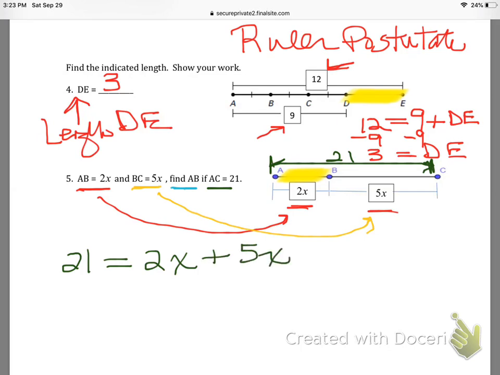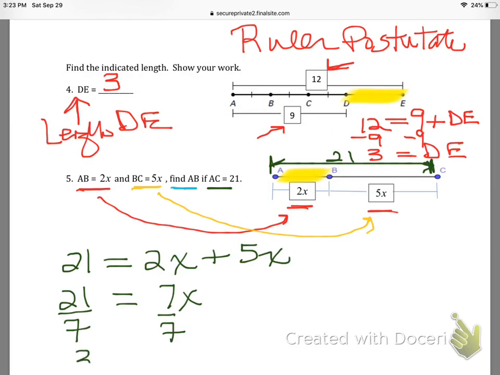Now remember your addition with variables. So 2x plus 5x gives me 7x. Notice there's no squared in there because I haven't multiplied. 21 equals 7x. Isolate your x by dividing both sides by 7, and you do division to undo the multiplication.